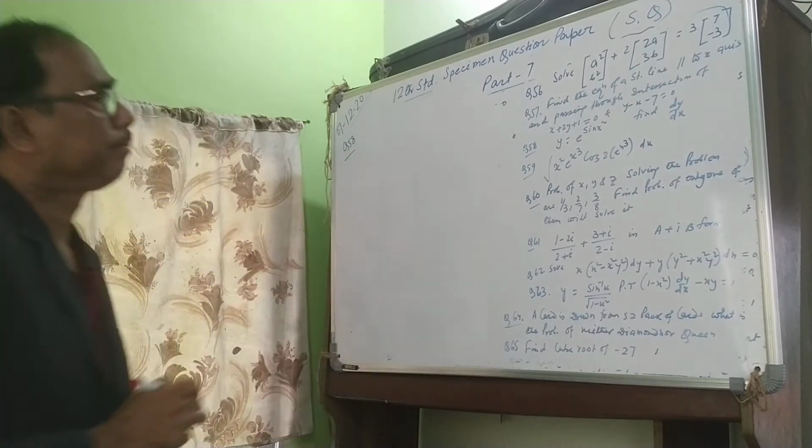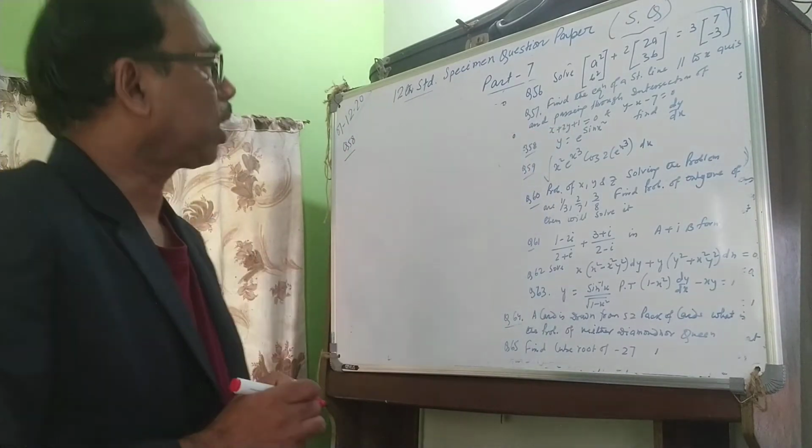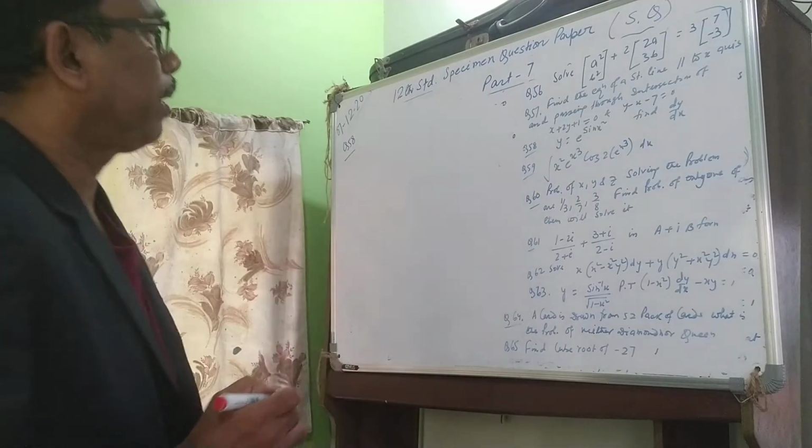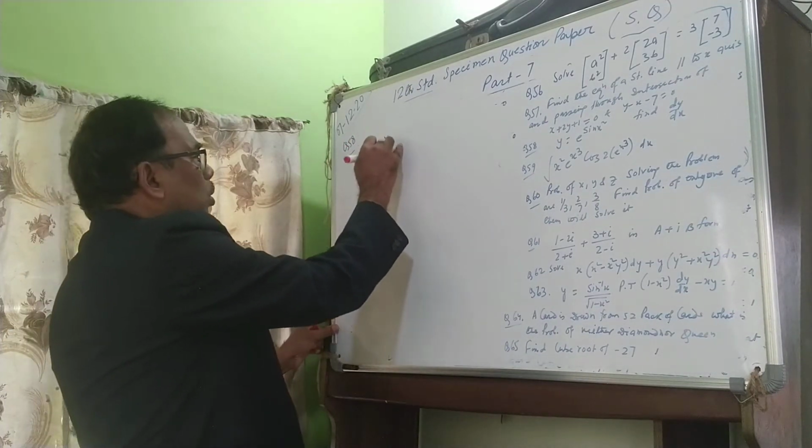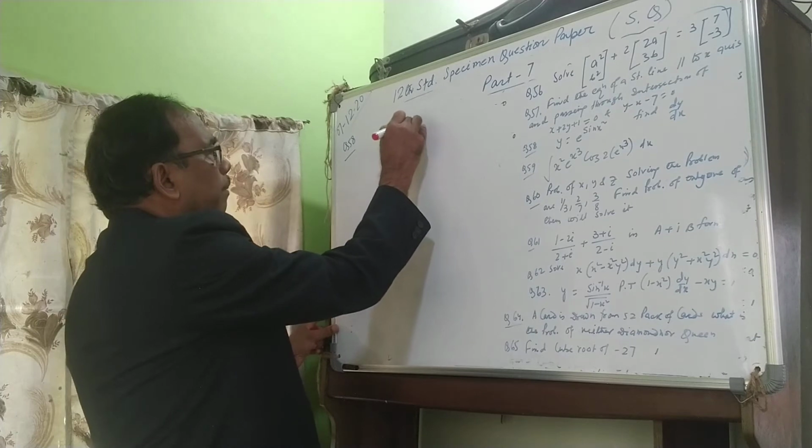Here, y equals e to the power sine x squared. Find dy by dx. Here it is a differentiation sum: y equals e to the power sine x squared.